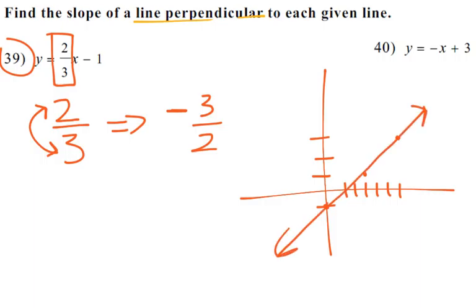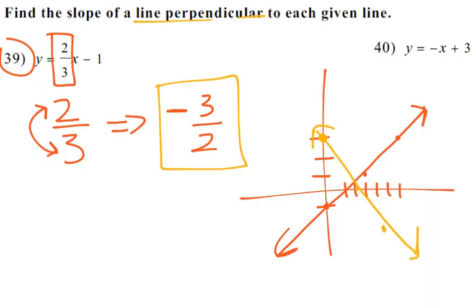Okay. So if I graphed this other one, it would need to have a slope of -3/2, so I'd be going down 3 and to the right 2. Okay, so let's say I started right here. So I go down 3 to the right 2, down 3 to the right 2, and it would look something like this.